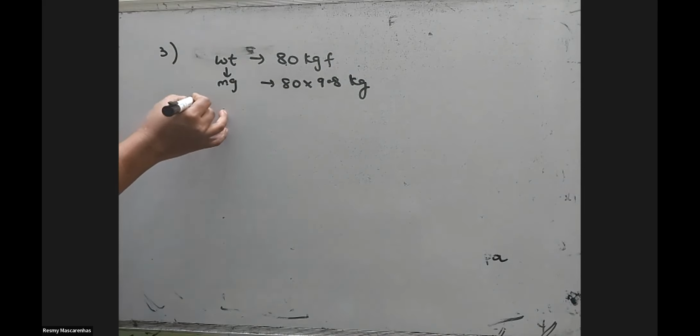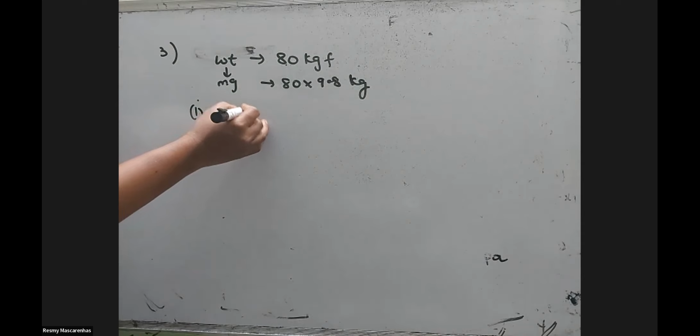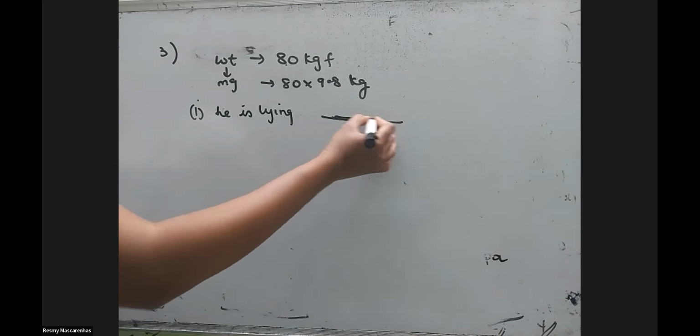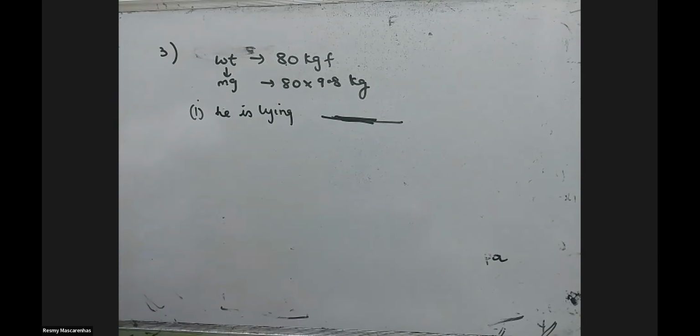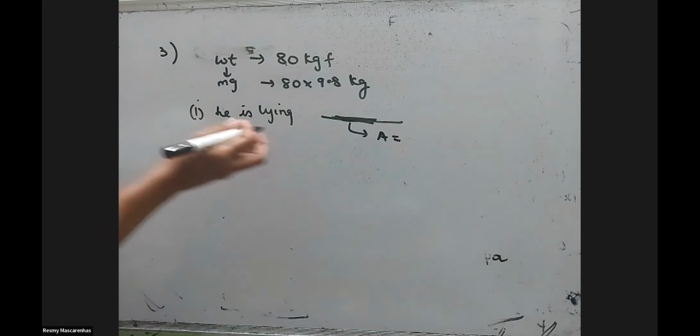First case, when he's lying. So what will happen when he's lying? The whole area will come in contact, so this will be the area in contact. How much has it been given? Area is given as 0.6 meters square.